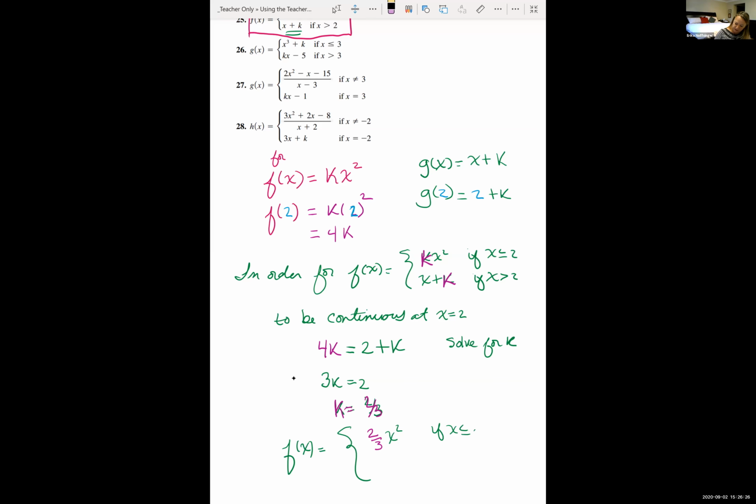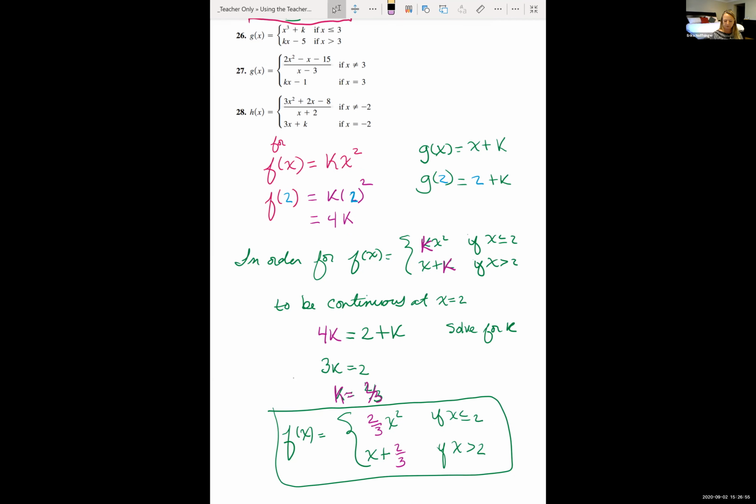And then it would be x plus 2/3 if x was greater than 2. Okay, so we just made it so that that was continuous everywhere.